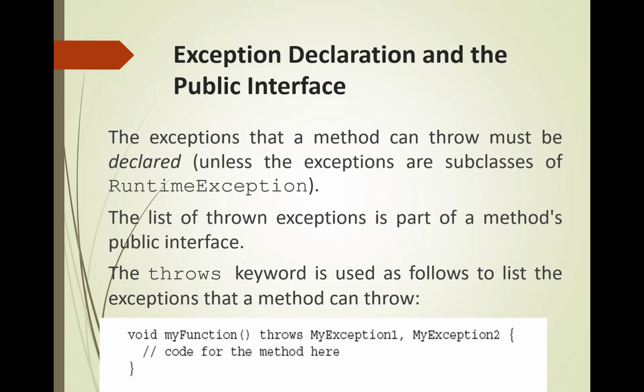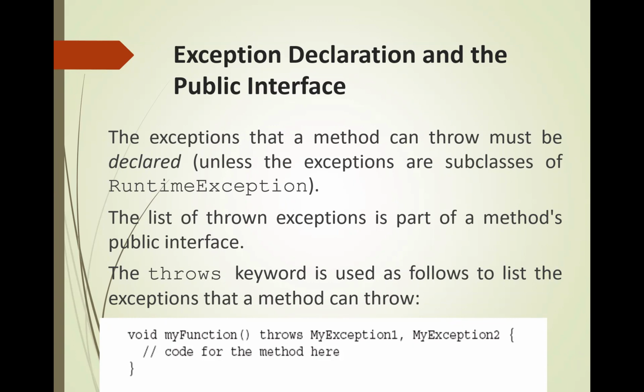If we are writing our own method and that method may throw user defined exceptions, then you have to declare it, because the exceptions that a method can throw must be declared unless it is a subtype of the runtime exception. Runtime exception means the unchecked exceptions we have discussed previously: null pointer, arithmetic exception, array index out of bound exception, and so on. If it is not a subtype of the runtime exceptions, then it has to be declared.